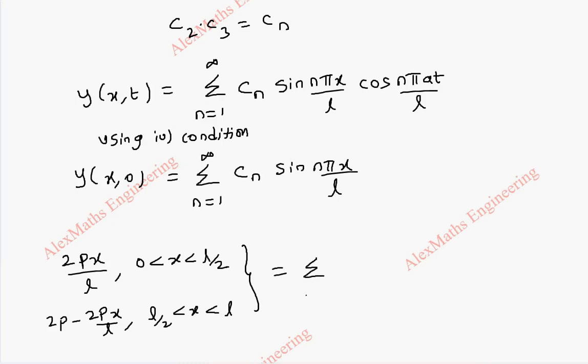Now we can write summation 1 to infinity this as bn, because it is the half range Fourier sine series, into sine n pi x by L.